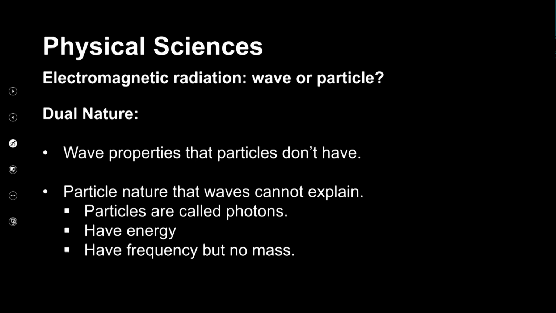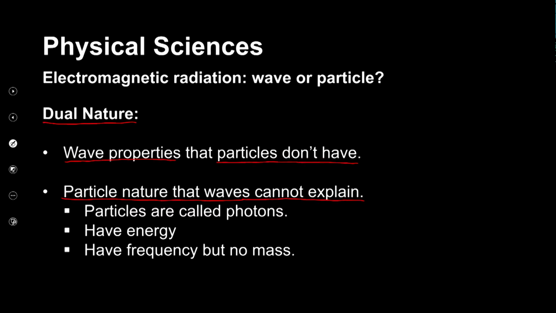Now, from what we've seen, electromagnetic radiation seems to have a dual nature. There are some of its properties that are wave-like but don't apply to particles, and there are some properties that are particle-like but cannot be explained by waves.